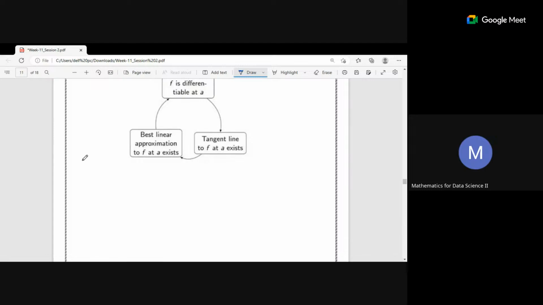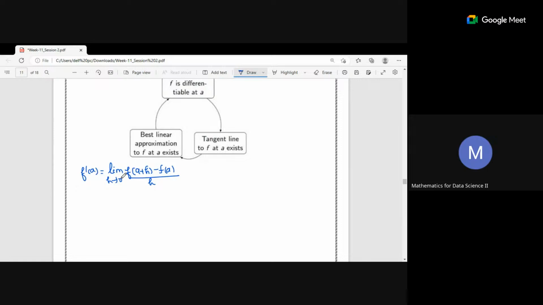Now let me just recall a few things. What is f dash of a? It is the limit as h goes to 0 of (f(a+h) - f(a))/h. This is the definition of the derivative of a one variable function, right?